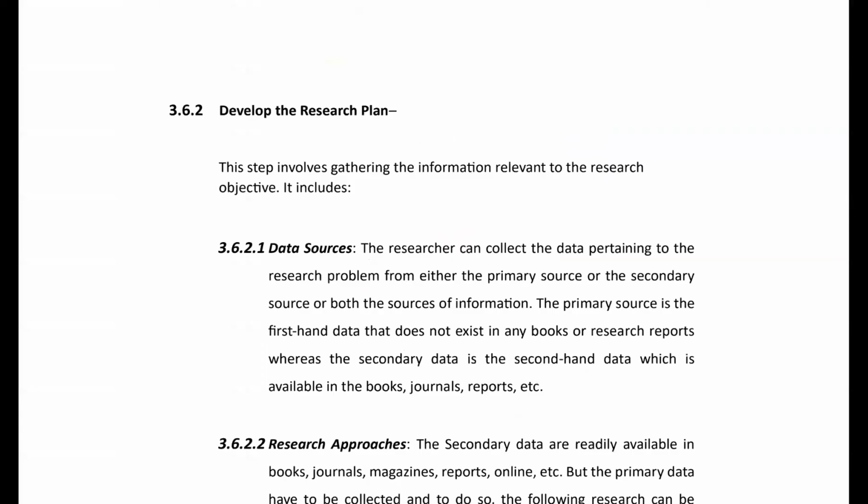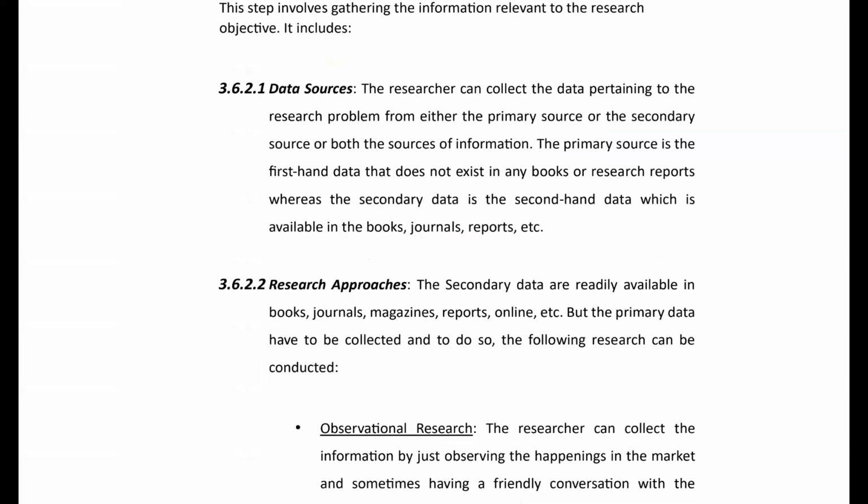Now, we have a good number of steps involved in gathering the information relevant to research objectives, and they include, number one, data sources. As a researcher, you can collect the data pertaining to the research problem from either the primary data sources or the secondary data sources, or both.